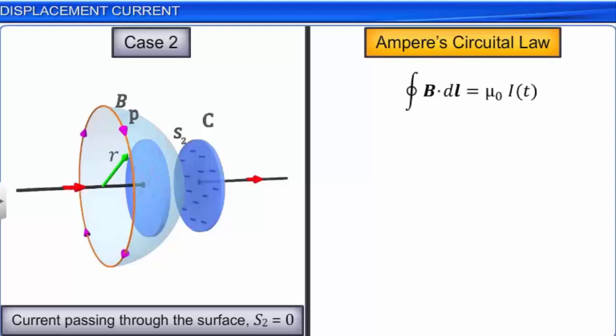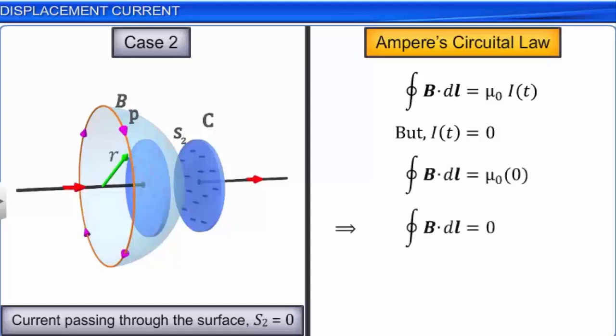Since the current enclosed by the surface S2 is 0, integral over the closed loop B dot dl is equal to 0. Hence, the magnitude of the magnetic field at point P on the surface S2 is equal to 0.